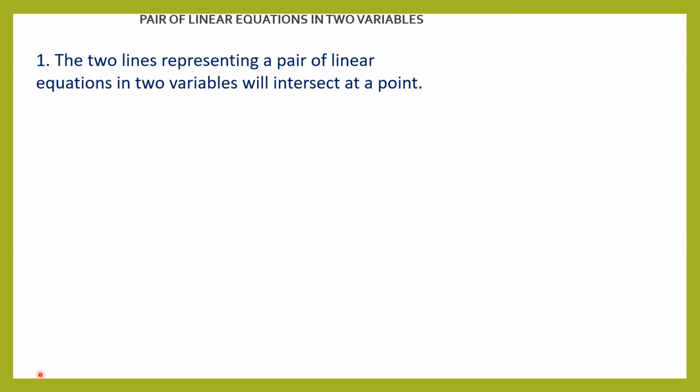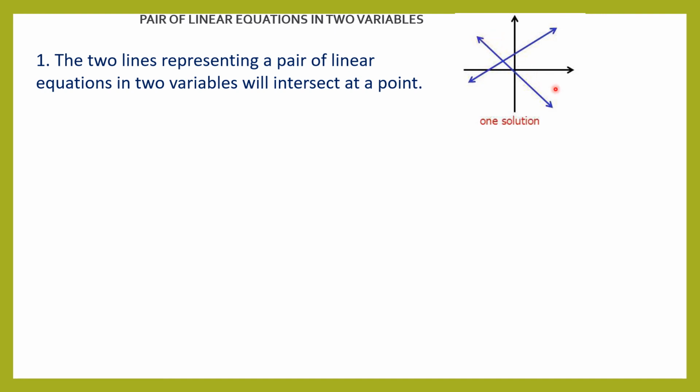Now next one: the two lines representing a pair of linear equations in two variables will intersect at a point, meaning intersecting lines. Now we are going to the picture.